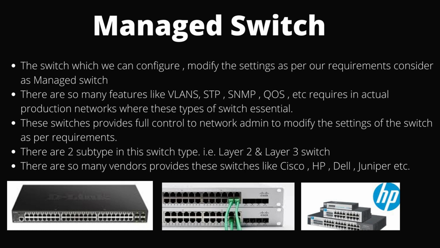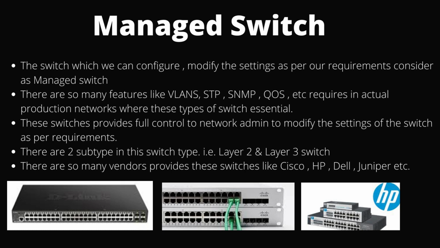In managed switches there are two types, called layer 2 and layer 3, which we'll talk about later. With layer 2, you can't configure routing on that switch because it works at the layer 2 level, and with layer 3 you can do routing as well. That's the only difference between layer 2 and layer 3. Other features are the same, right?